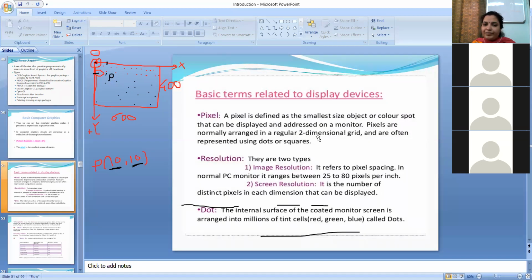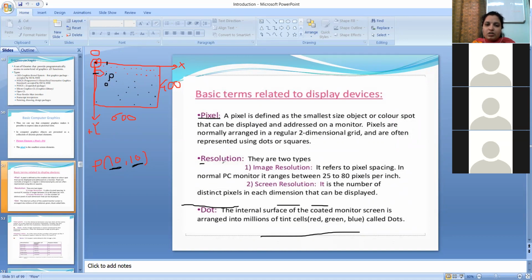And it is always represented by a dot or a small square. So here also we can represent it like a small square. A small square is nothing but a pixel on the monitor. Okay, so that is the basic terminology called pixel.